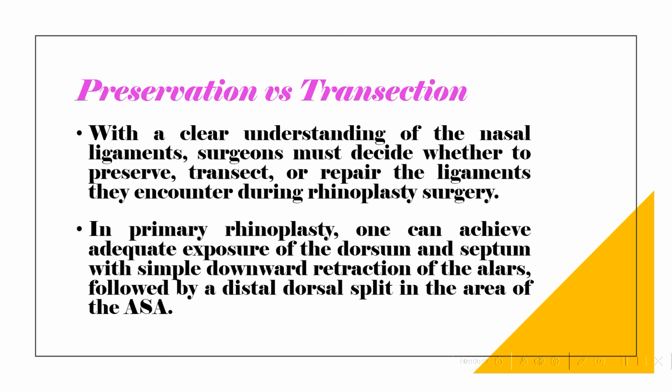Preservation versus transection. With a clear understanding of the nasal ligaments, surgeons must decide whether to preserve, transect, or repair the ligaments they encounter during rhinoplasty surgery. In primary rhinoplasty, one can achieve adequate exposure of the dorsum and septum with simple downward retraction of the alars, followed by a distal dorsal split in the area of the ASA.